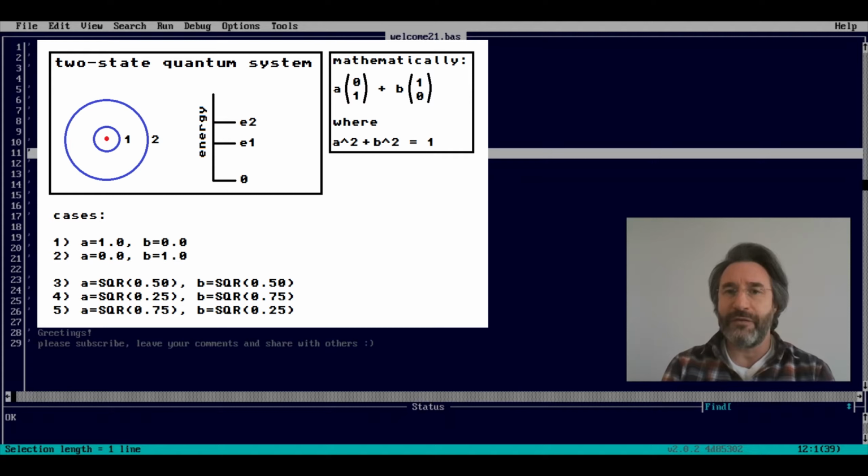So if you store the information 0 in that bit and you measure it, or you extract the information after a while, you will always end up finding a 0. And if you store a 1 in the classical bit, if you measure or extract the information after a while, you will always end up having a 1.